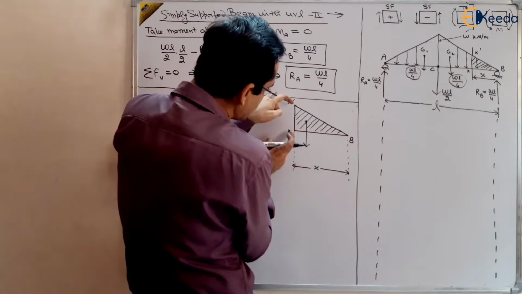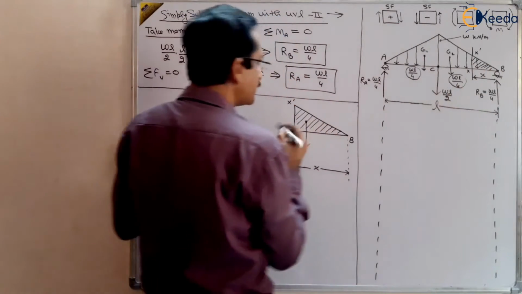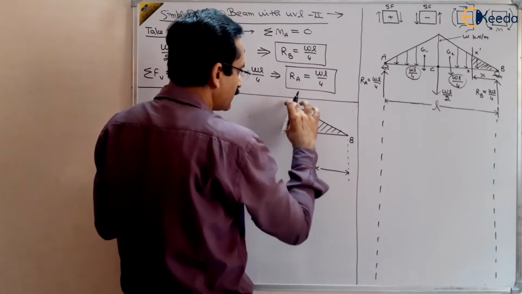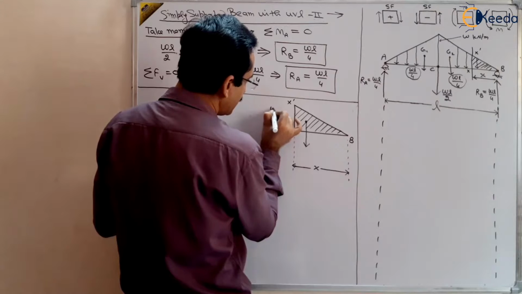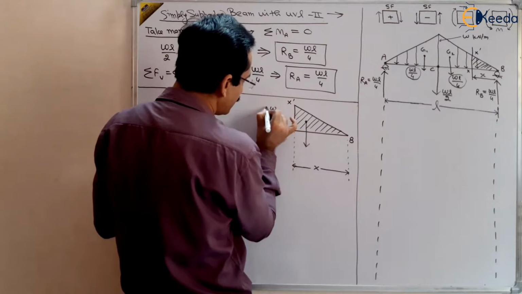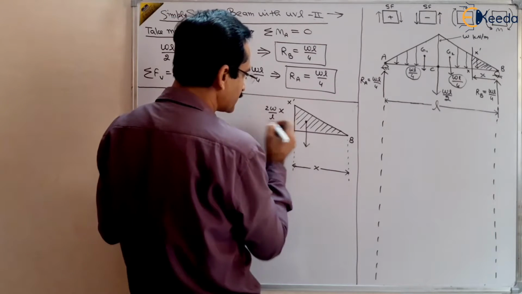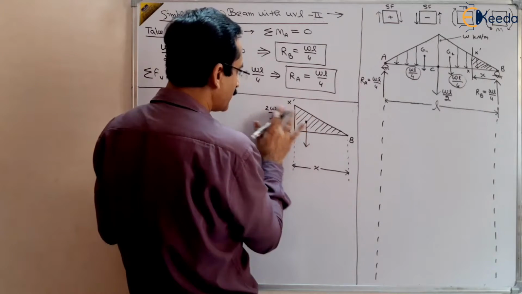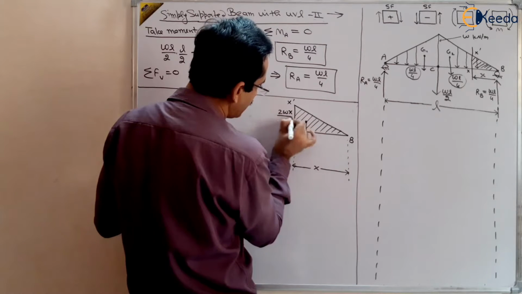But what is the height x dash? If it is W at a length of L by 2, then what will the value be at a distance x? So this is 2wx by L.